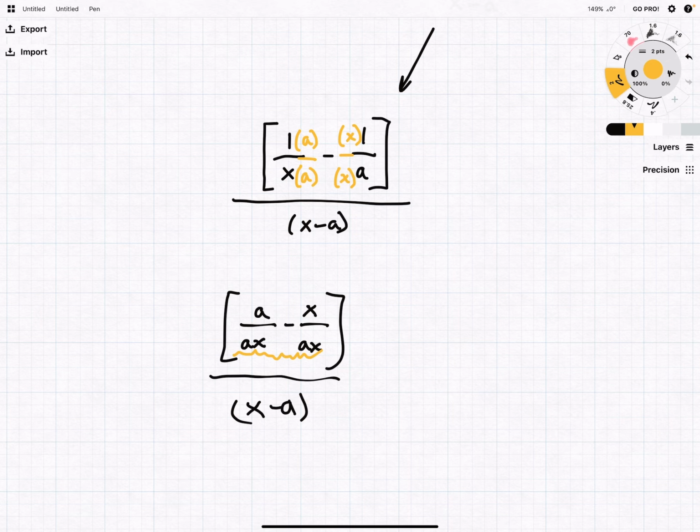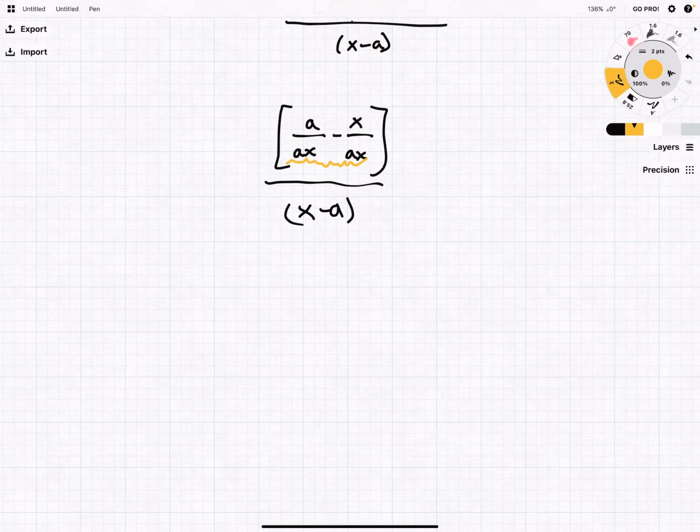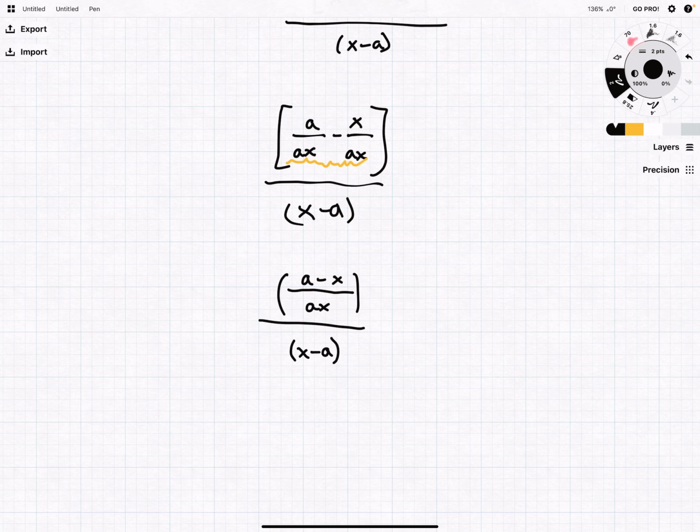So let's join these two. Now we have a minus x over ax, and this is divided by x minus a. One thing we do know is when you are dividing something, you're supposed to flip and multiply, correct?